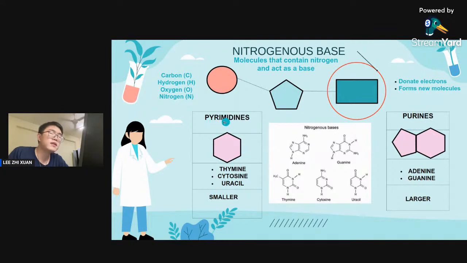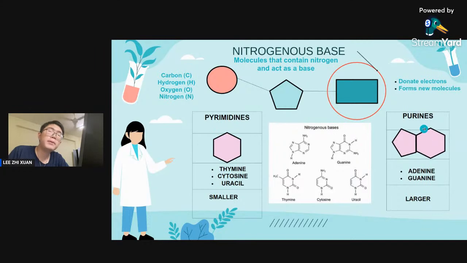Pyrimidine only contains a six-membered ring structure, like cyclohexane. For chemistry seniors, you should know this structure. In general we call it a 6 carbon ring, a hexagon.